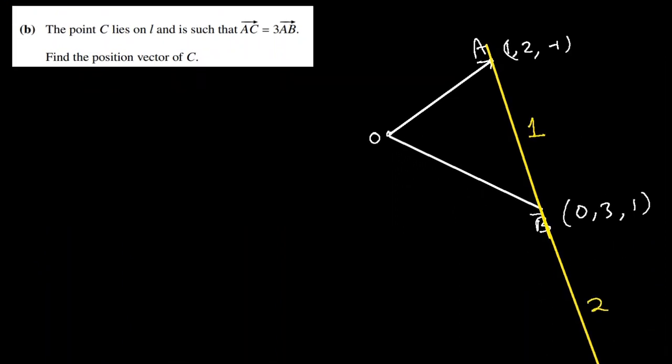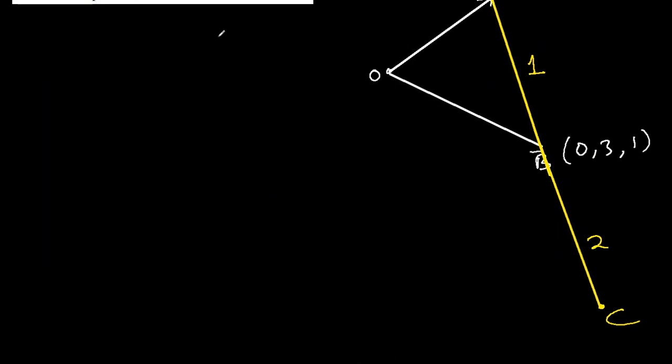So we have to find the position vector with reference to the origin again. So this is the one we want to find out. This is AC. We have to find the position vector. If we find the coordinates of this point C, that will be the position vector.